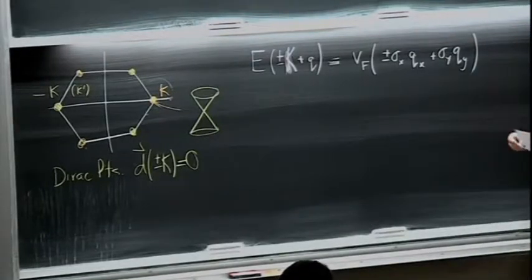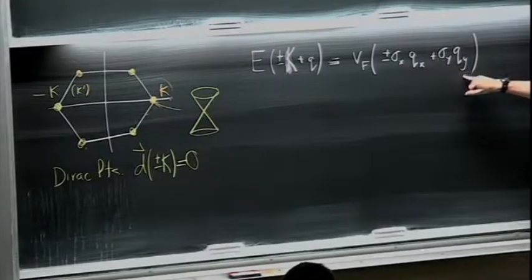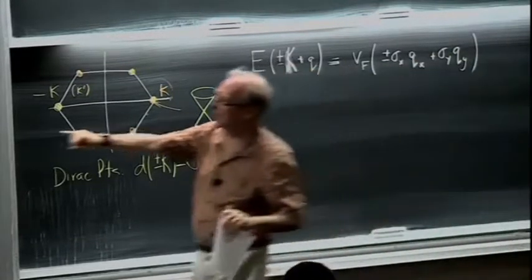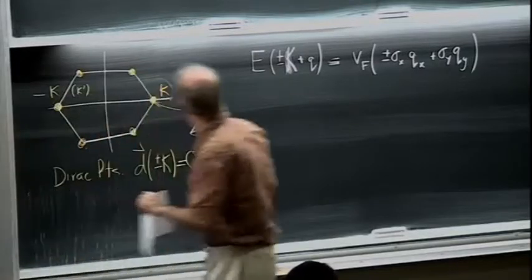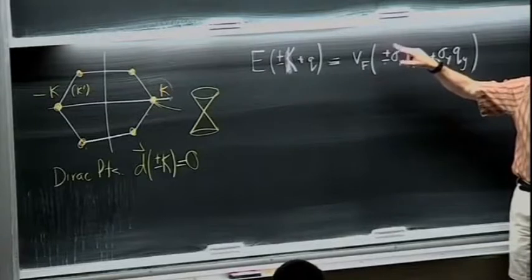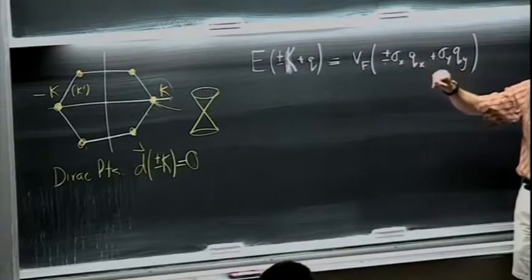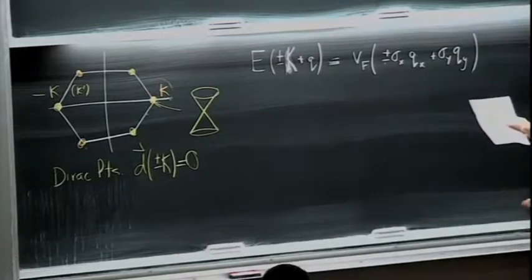Okay, and I think you can check from this that it actually respects these symmetries, and it was important that this plus and minus sign be there in order to respect those symmetries correctly.